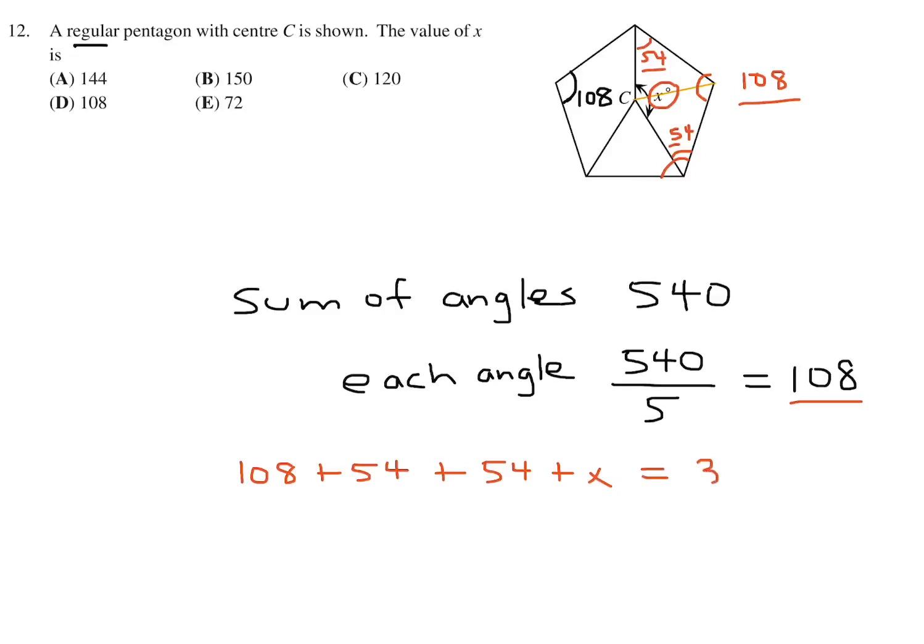All of this is equal to 360 because it's two triangles and each triangle has a sum of 180 with regard to the angles. So you solve for x, and x looks like 360 minus 108 minus 54 minus 54. And this would be 144. So the answer to this is A.